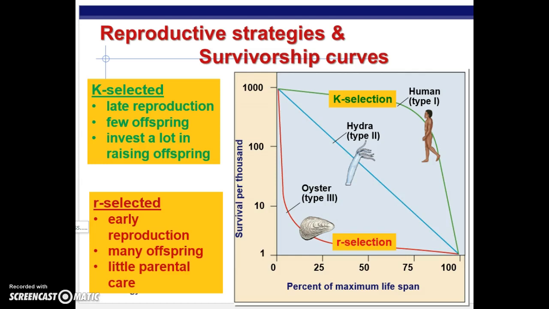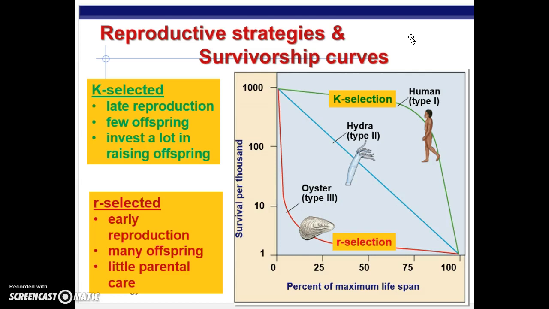When we have the type 1 survivorship curve, we have a very low death rate in the early part of life, and then over time, as the organisms age, there's a higher death rate. So in this type of population, it's really not that important that there be a lot of offspring, because the chances of the few that are born surviving is pretty high.